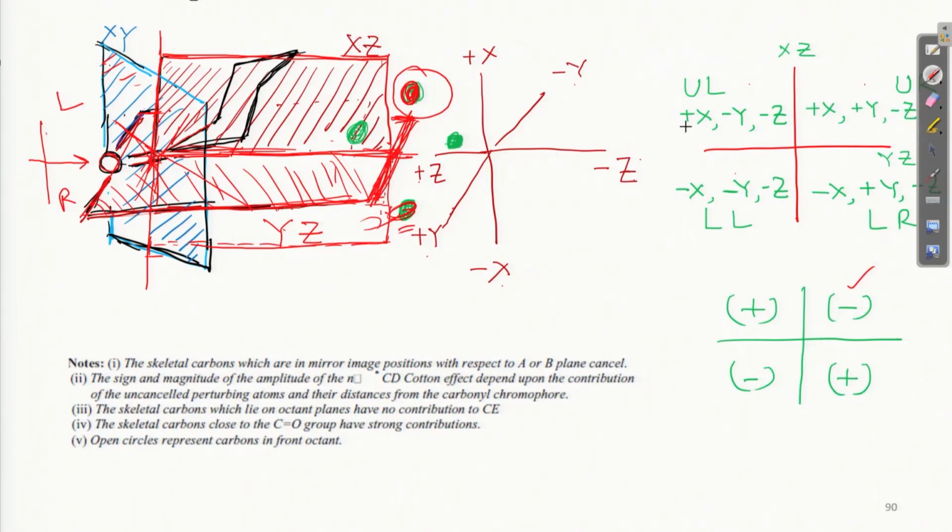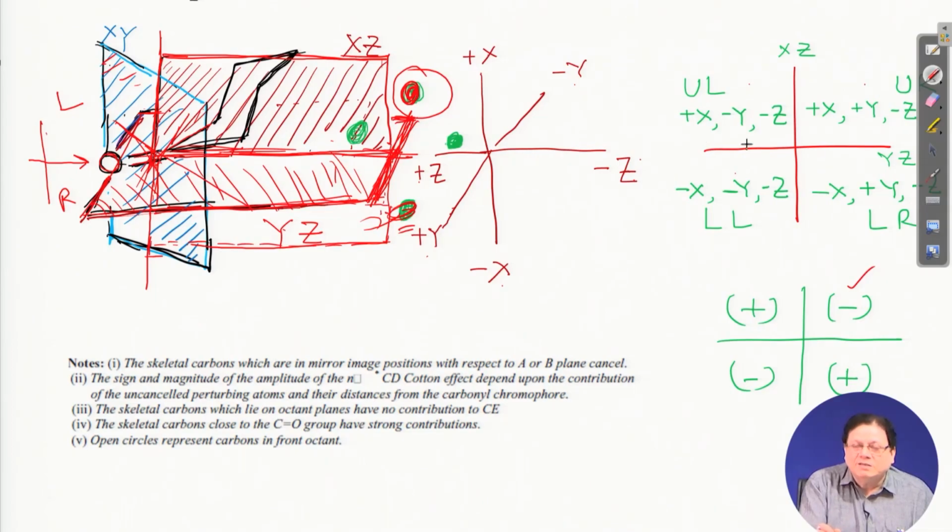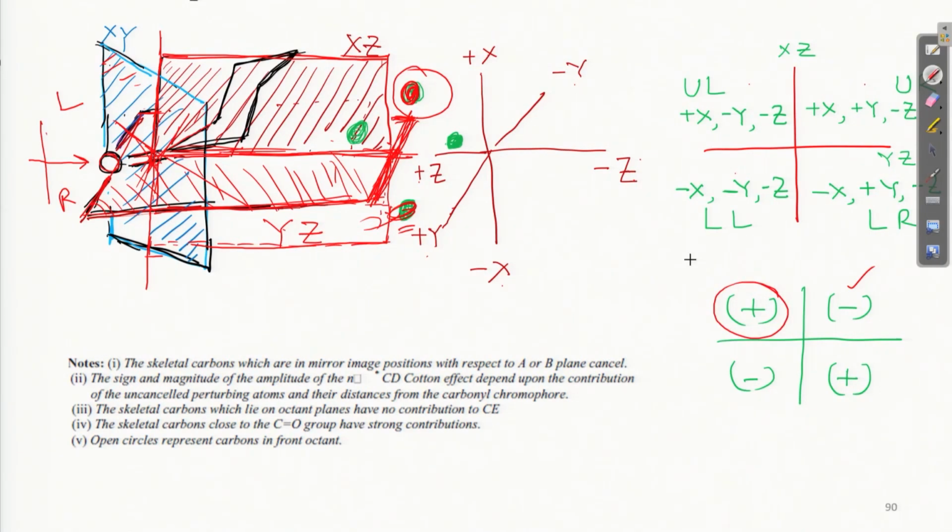Similarly, you just carry on with the signs of these axes, the coordinates, and multiply them, and that will give you the sign of the contribution towards the Cotton effect. If you think of upper left, your y is negative, your z is negative, but your x is positive. So the multiplication gives a positive Cotton effect. Now, it is purely empirical, but interestingly this empirical rule works.